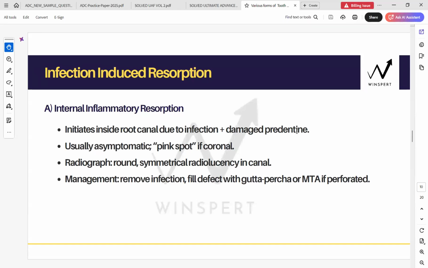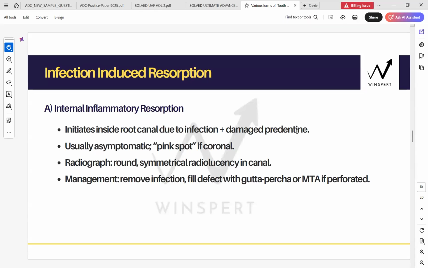And if clinically it is seen in the coronal portion, then you will find a pink spot clinically. But if it is happening within the radicular area and not around the coronal area, then there will be no symptom of it. You can sometimes have dull pain, mostly symptom free also. And sometimes it can progress so much, go to the external surface and become a draining sinus tract. Clear for everyone.